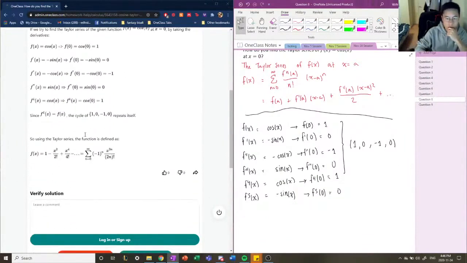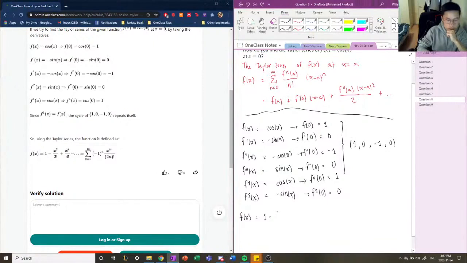Now that we've established this pattern, we can start to generalize our Taylor series. So let's say f of x, the Taylor series of cosine, is 1 minus x squared. We know that f prime of 0 is 0, so we're going to skip the first derivative and move to the second derivative.